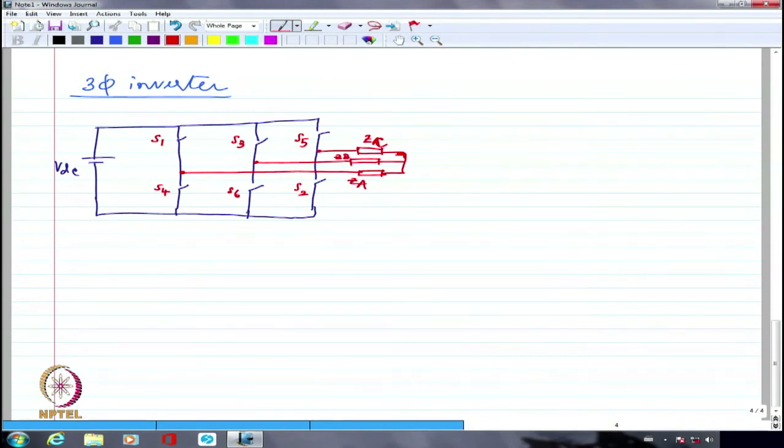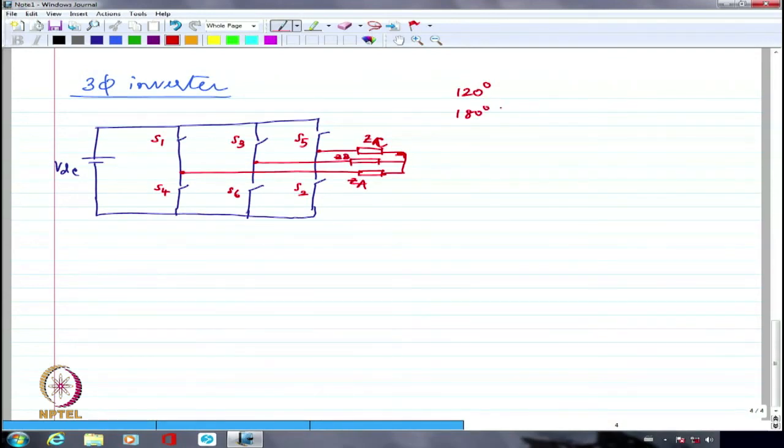Right? There are two modes of conduction. Normally we analyze in a square wave inverter for the 3-phase case. Each of the devices can conduct for 120 degrees or each of the devices can conduct for 180 degrees. Either way is fine.